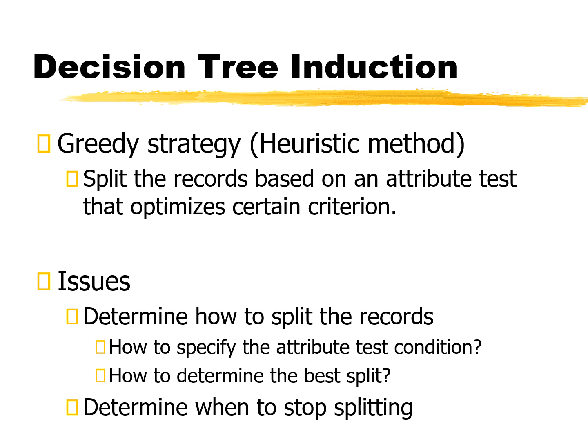Now, the greedy strategy, or the heuristic method of decision tree induction, is about splitting the records based on attribute tests that optimize a certain criterion, which means that we will be splitting records so that we will have an attribute that is tested based on certain criteria.